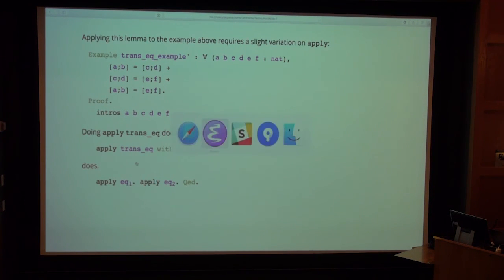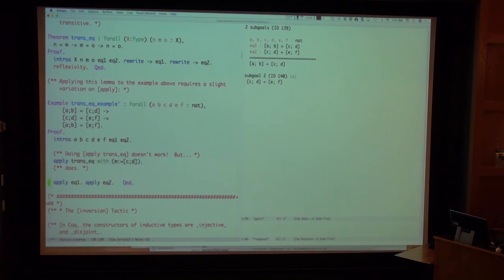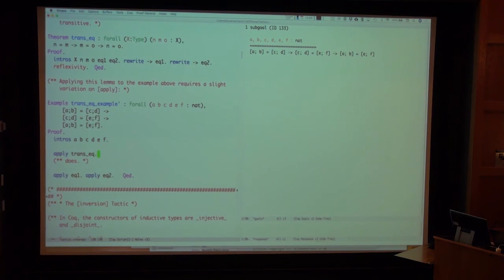Let's just try it. I think that will work. So if we left off those, then, so why is that?